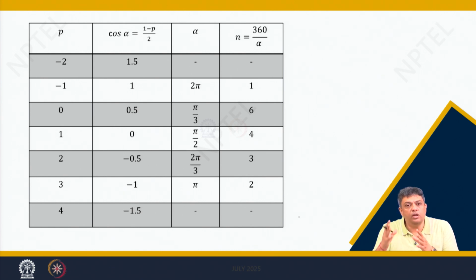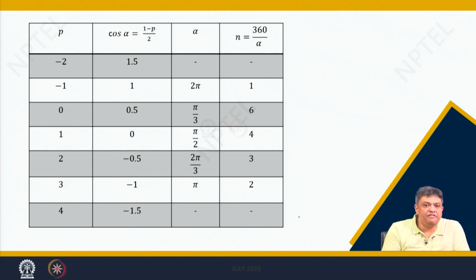Just randomly we will put some values. Let us say we have range from minus infinity to plus infinity if possible. But when I do that, you will clearly see that there is a range in which cos and sine can range. It is plus minus 1.